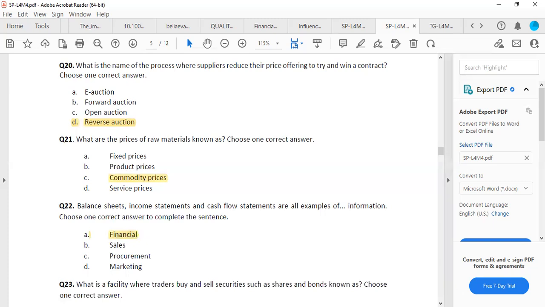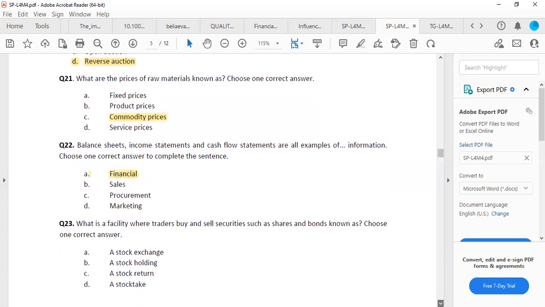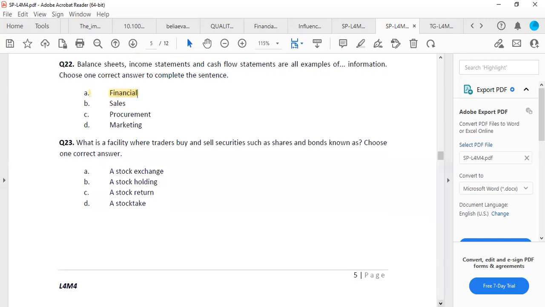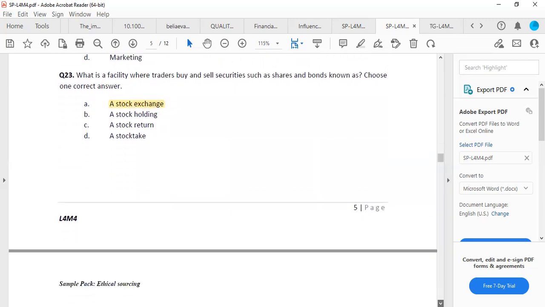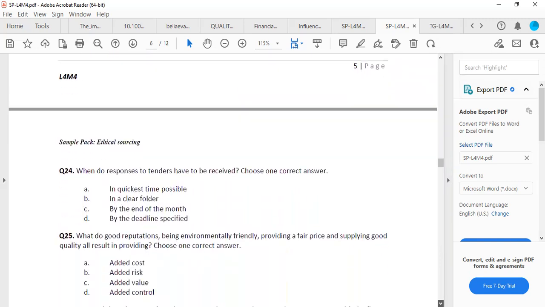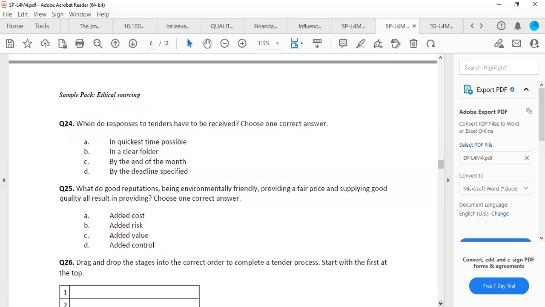Balance sheets, income statements, and cash flow statements are all examples of dash information. Okay, financial information. What is a facility where traders buy and sell securities, such as shares and bonds, known as? Stock exchange. Yeah, the stock exchange.